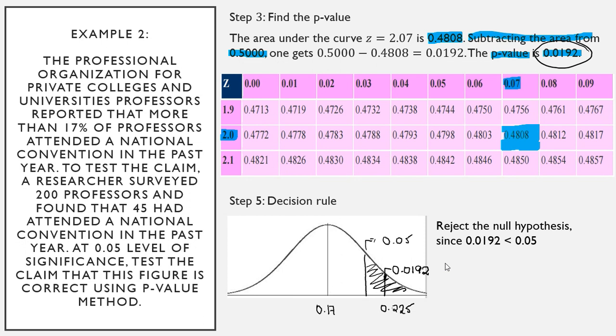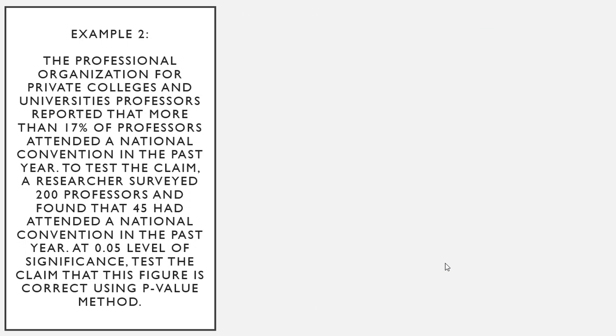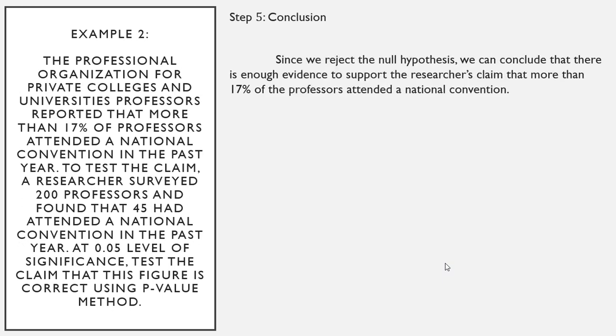Since we reject the null hypothesis, so ito po yung magiging conclusion ko po. Okay, since we reject the null hypothesis, we can conclude mga anak that there is enough evidence to support our claim, that the researchers claim na more than 17% daw po ng professors yung umattend ng National Convention.